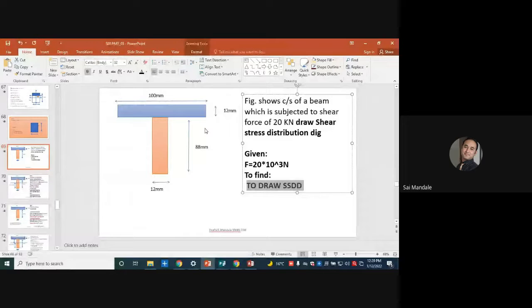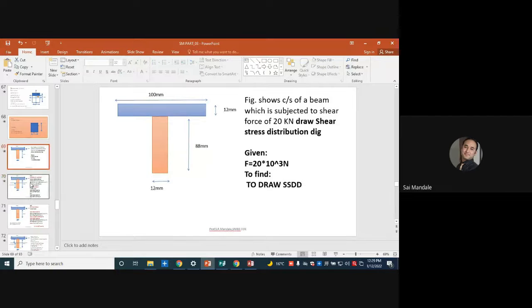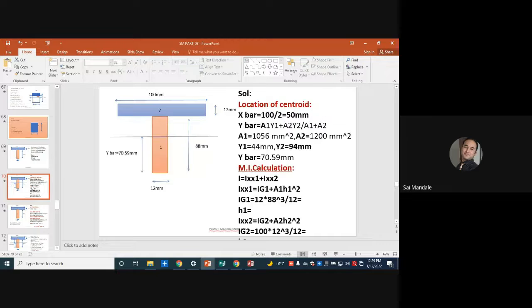Then I will tell you how to find the value of shear stress at the extreme end, at the junction, and at NA. So first, go ahead and calculate the values of X bar and Y bar.